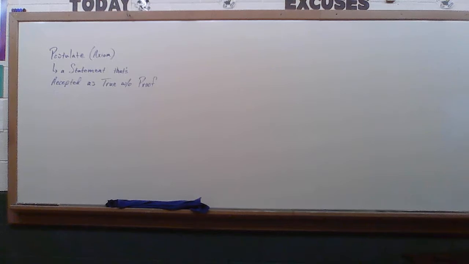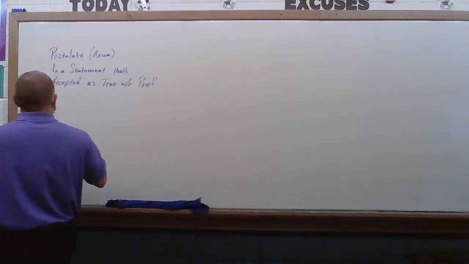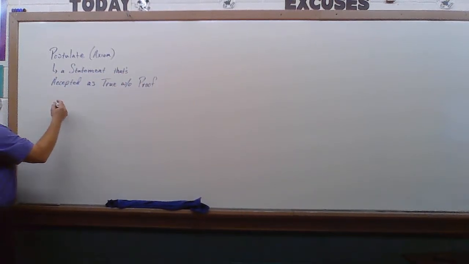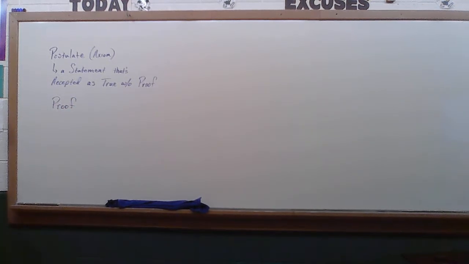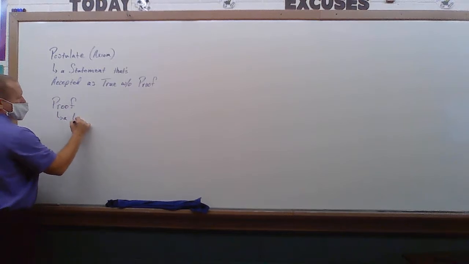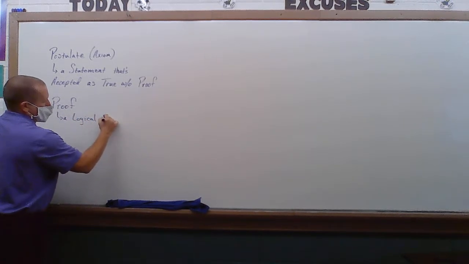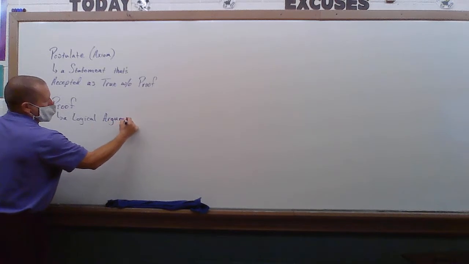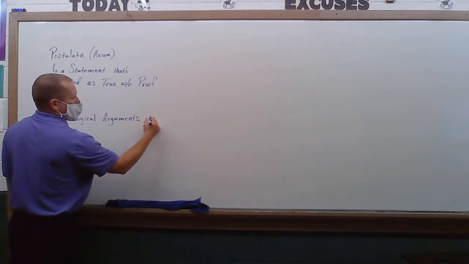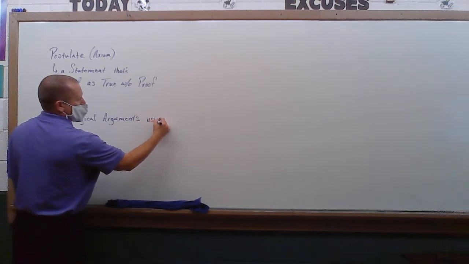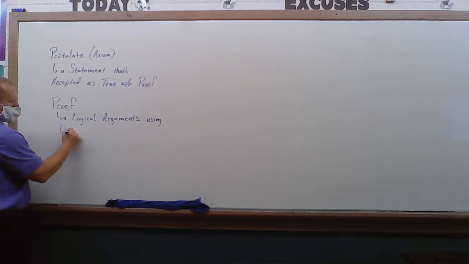All right. So, from there, we start talking about a proof. What's a proof? We'll come back and look at more examples of this when we get to the end. A proof is simply a logical argument, and in my argument, you need to come up with things that prove it, right? It's a logical argument using deductive reasoning.